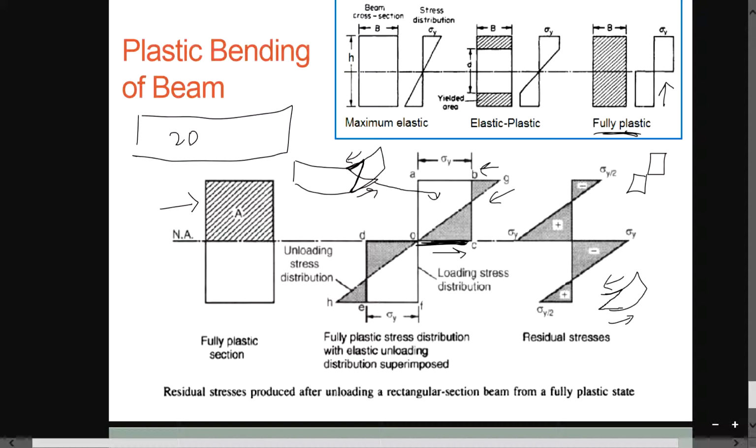As you continue to bend it upwards, this will start to elongate, and soon when it becomes plastic, it will be something else.